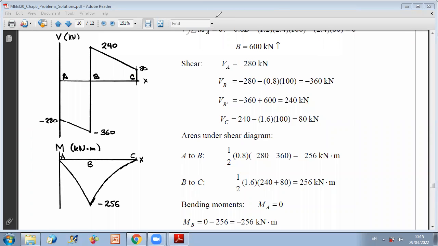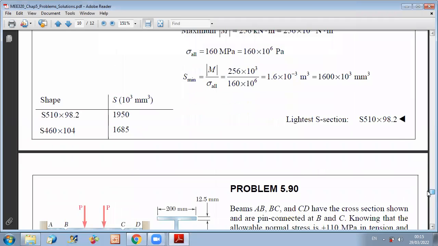So we can now find the value of S minimum, since we have the maximum bending moment and the allowable stress. We get that S minimum should be 1.6 times 10 to the power minus 3 meter cube, which is equal to 1,600 times 10 to the power 3 millimeter cube.